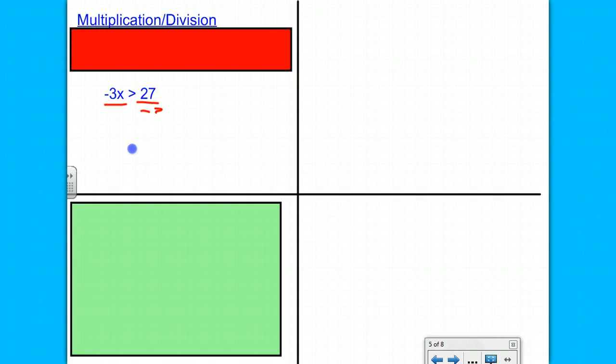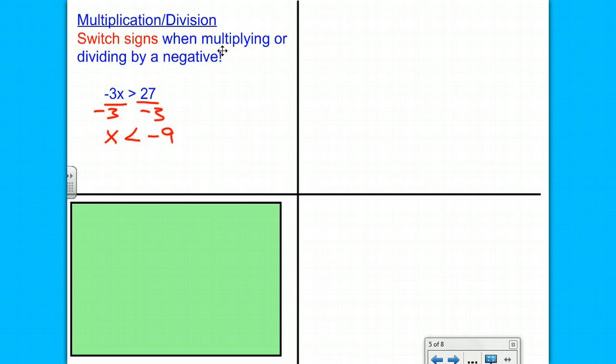And what do you want to tell us now? So she did what with a sign? Switched it. Why did you switch a sign? When we are dividing or multiplying by a negative, we have to remember to switch signs.